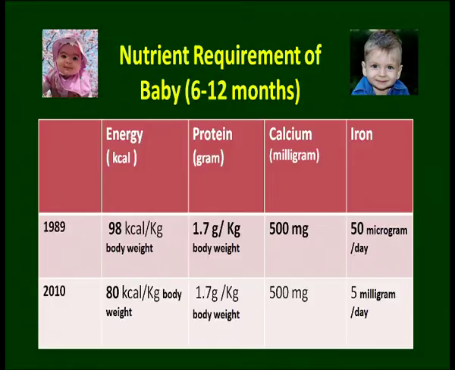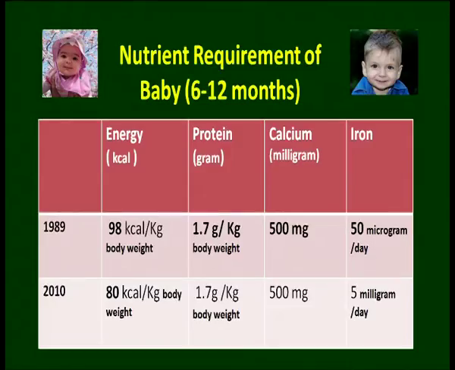Please note specifically the unit of the nutrient also at the same time. Somewhere you will also learn the comparison. The 80 calories per kg body weight is given in 2010, the same for the protein and the same for the calcium.